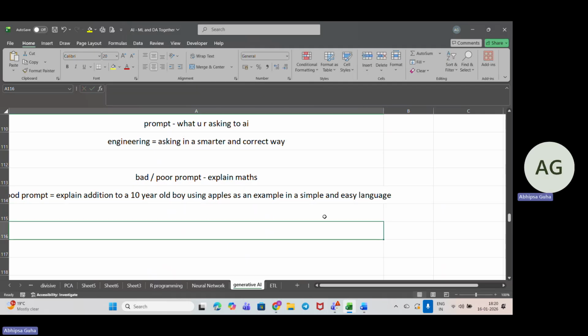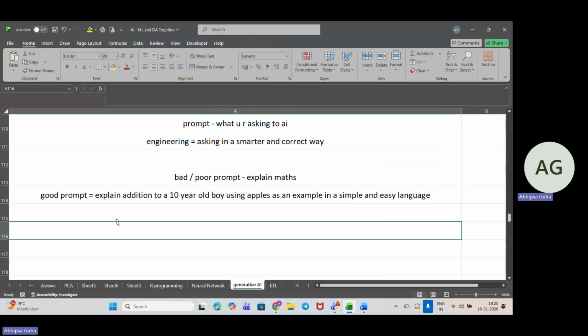Okay, so this is the thing that you are giving down in case of a good prompt. So now the AI understands the topic, the level, the style, and the example type. So this is called prompt engineering.